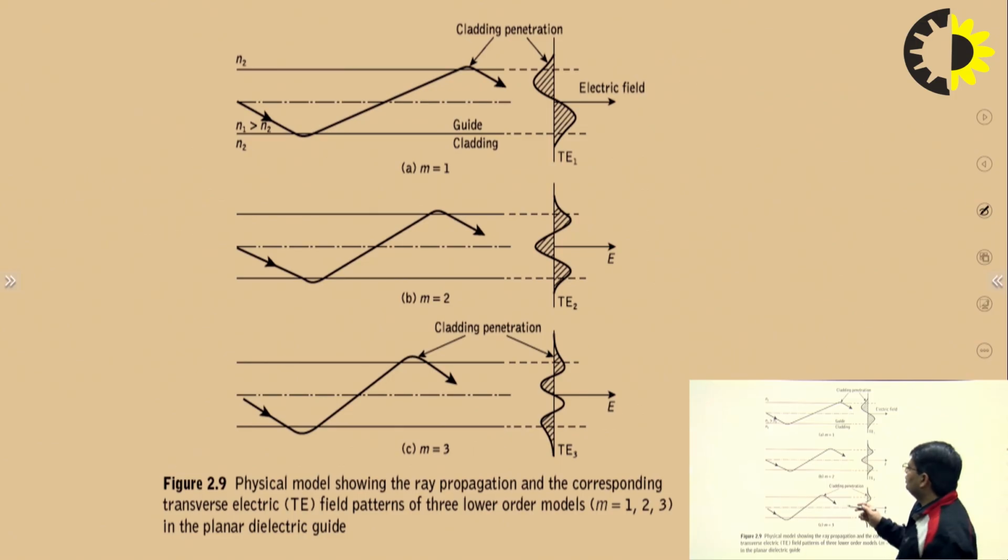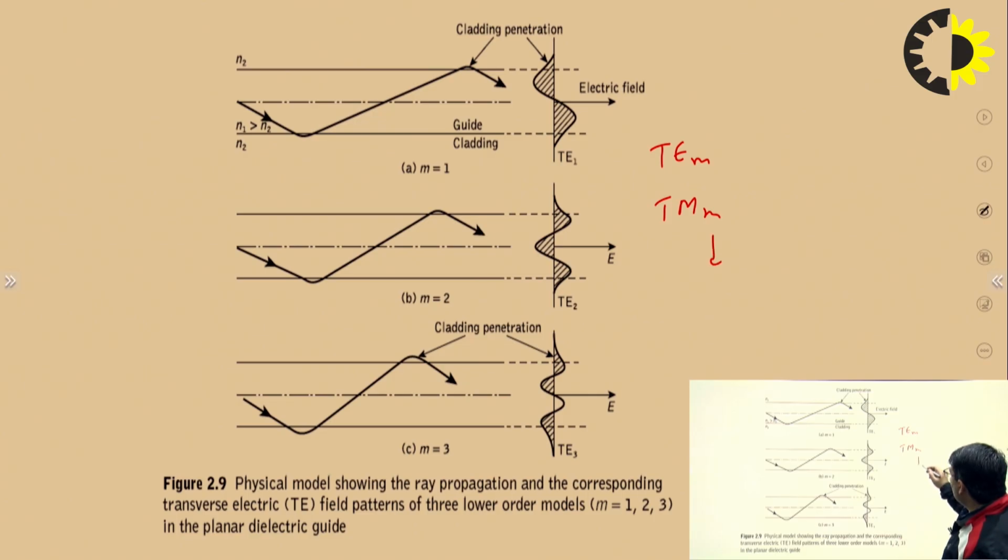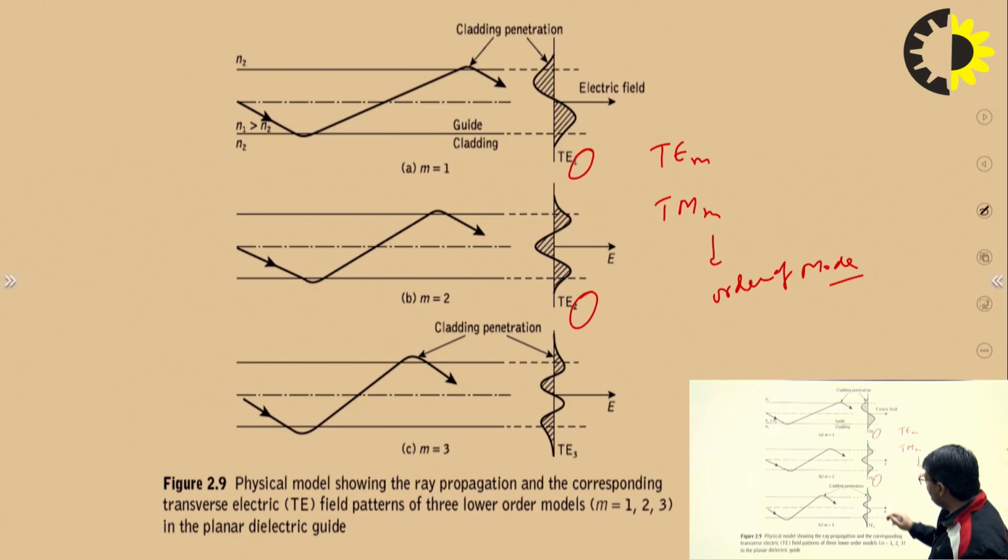This is one observation. As discussed, we have transverse electric and transverse magnetic mode with notation small m. This m is the order of mode. There is an observation: as we increase the order of the mode, penetration into the cladding increases, which is a kind of loss.